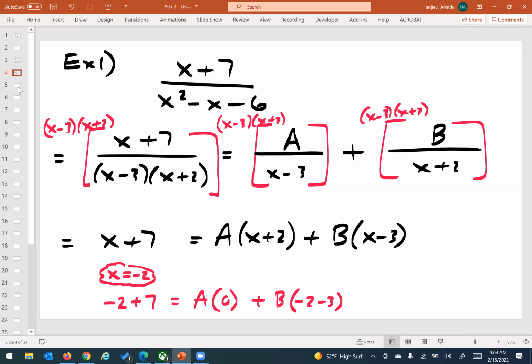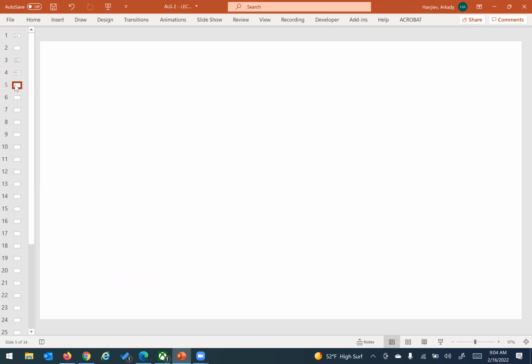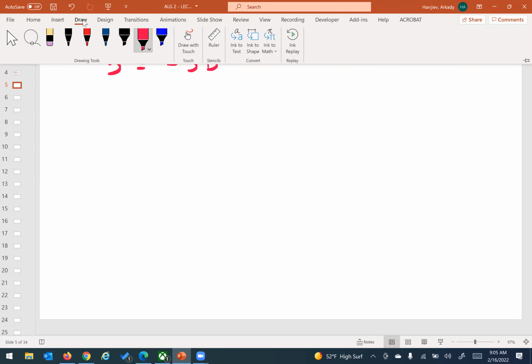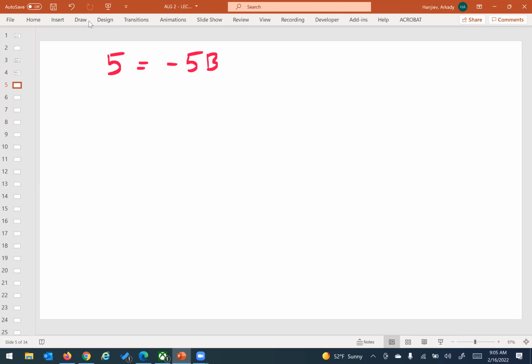And then a times 0 is nothing. b is what, times -5? Yeah. So I got 5 on one side. And I got a -5b on the other. Divide through by -5. And I got b is -1, which is real quickly here.